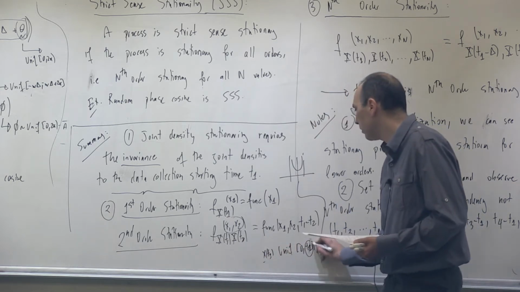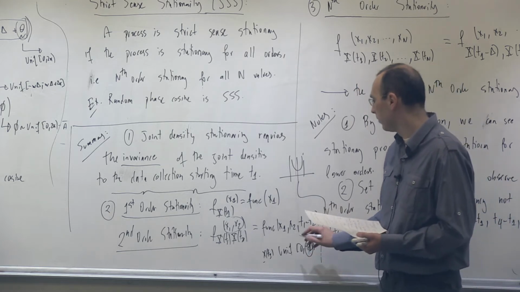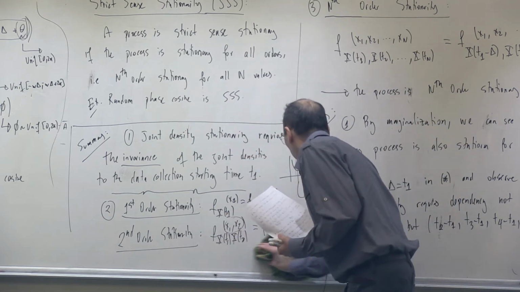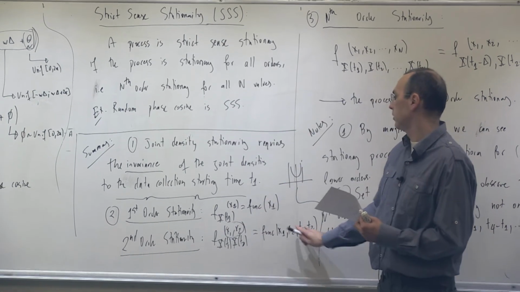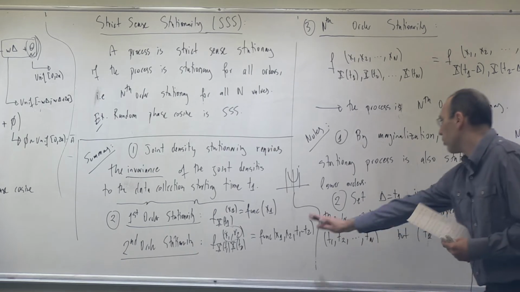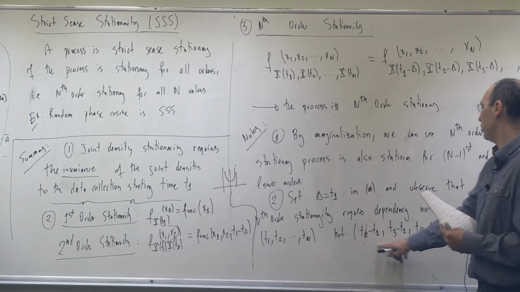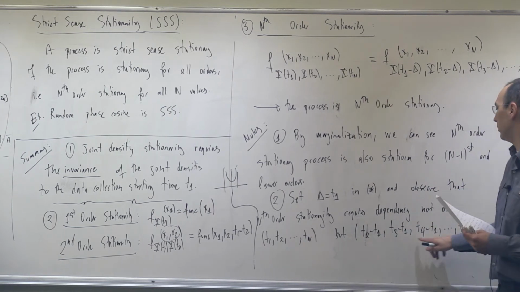As you see, this parameter is affected by this time. Now these parameters are t1, t2, but you see that there are differences coming up. Okay, that is it. Of course, I can generalize this. The general comment will be that for the nth order one, it should depend on the differences like that, t2 minus t1, etc.